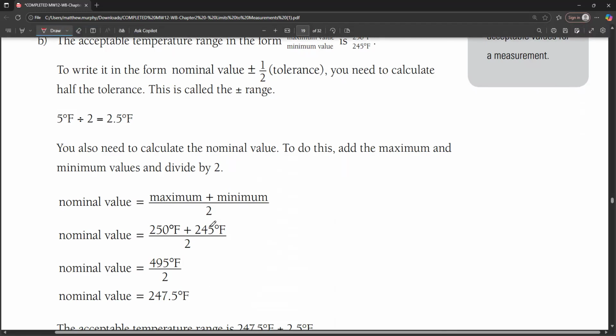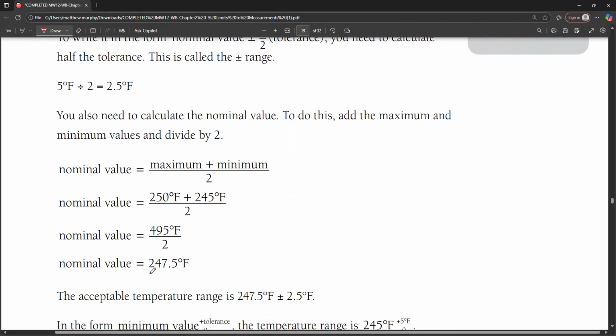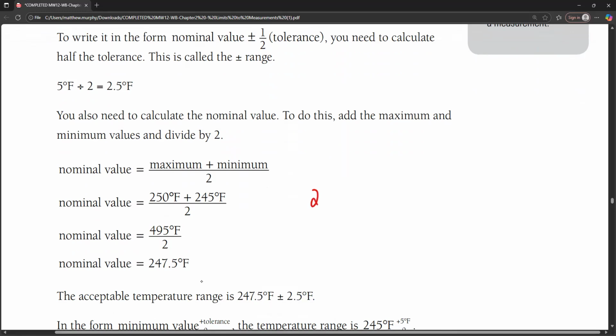So 250 plus 245, and the order that you add those in doesn't matter. Divide it by 2, and you get 247.5. And what that means is if you have your minimum and your maximum, halfway between is 247.5.